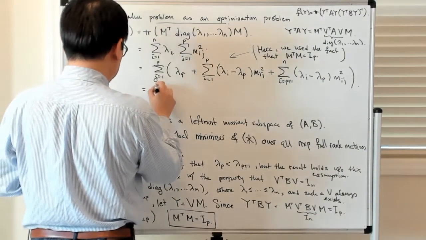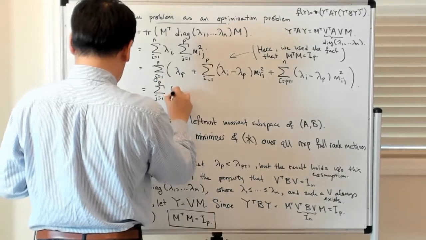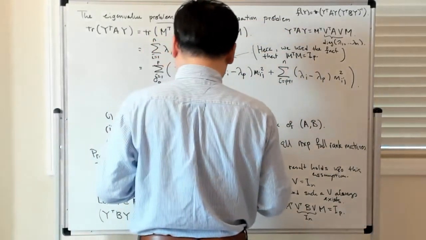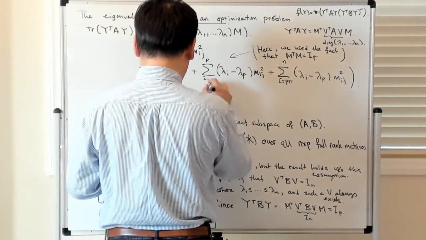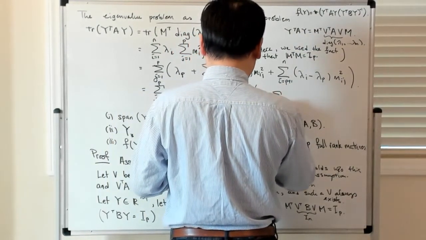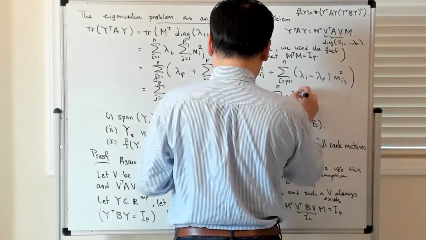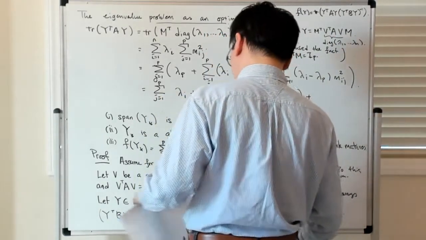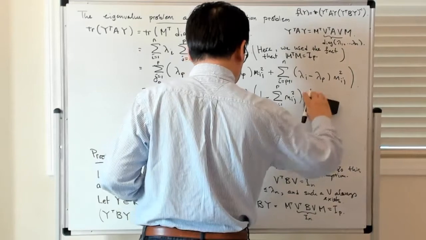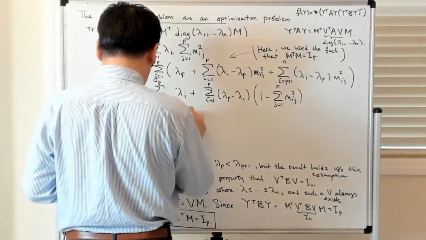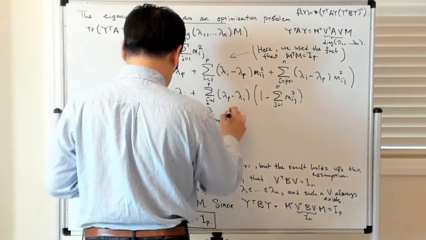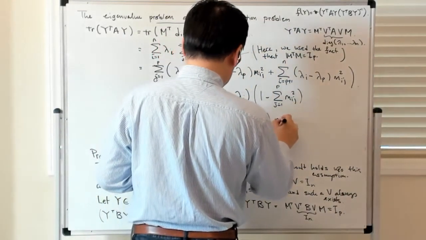So this gives me the sum from j equals 1 to p of lambda i, plus the sum from i equals 1 to p of lambda p minus lambda i times 1 minus the sum from j equals 1 to p of m_ij squared, plus the sum from j equals 1 to p, the sum from i equals p plus 1 to n of lambda i minus lambda p times m_ij squared.